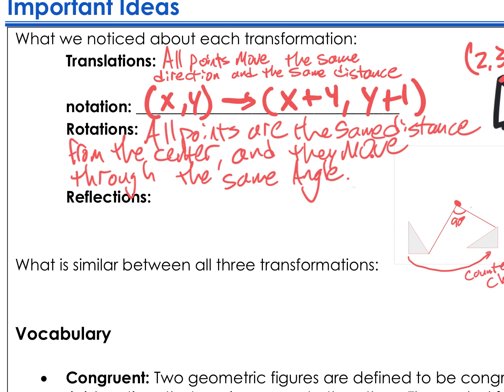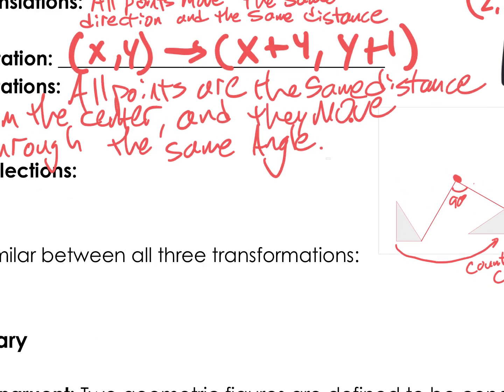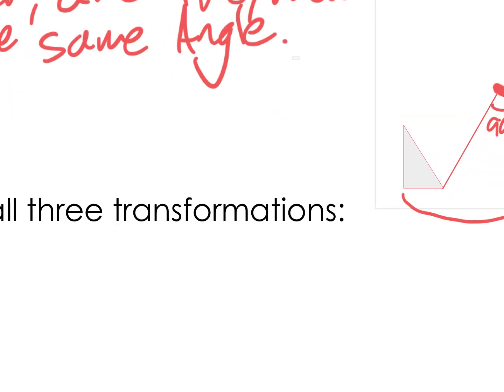And lastly, we have a reflection. With a reflection, we take an image and reflect it across a line. If we take this triangle and reflect it across the line, that means we flip it across this line.